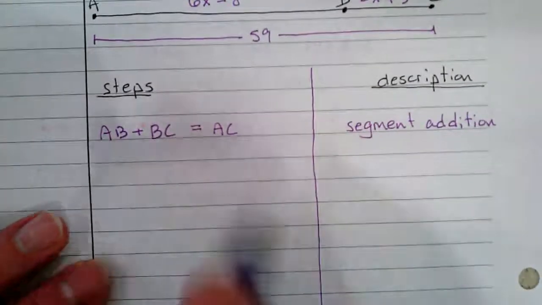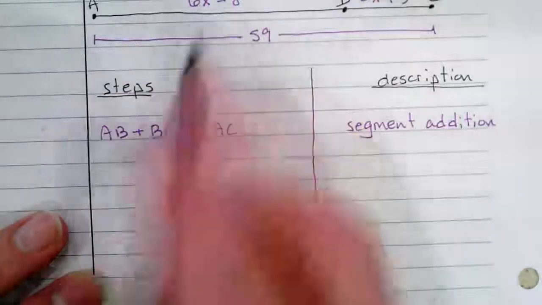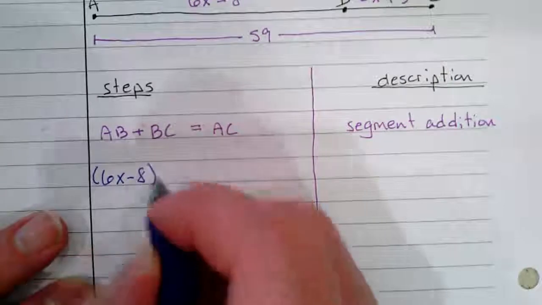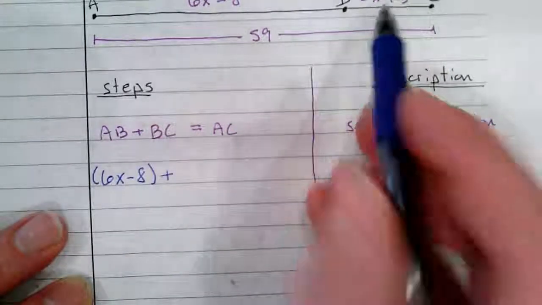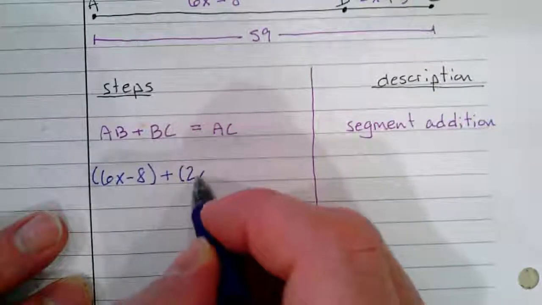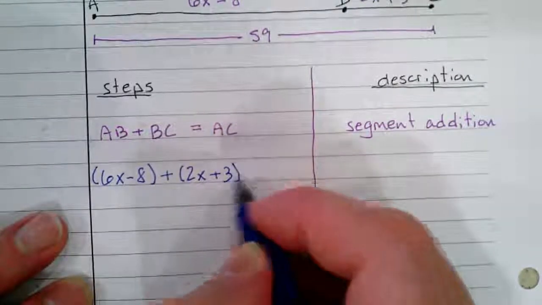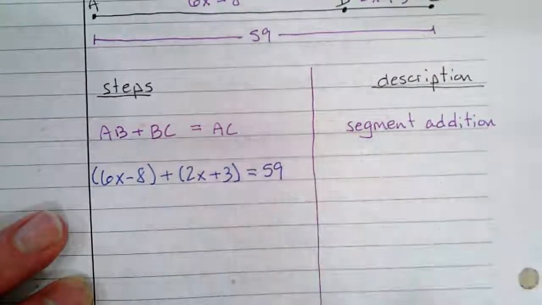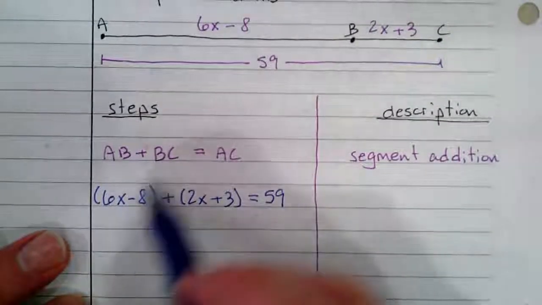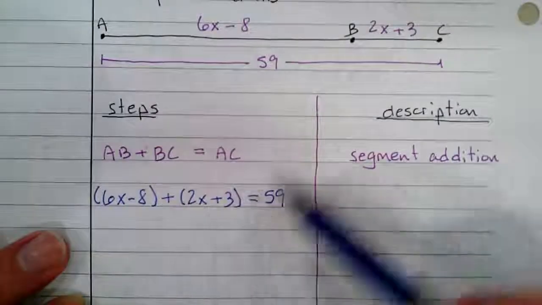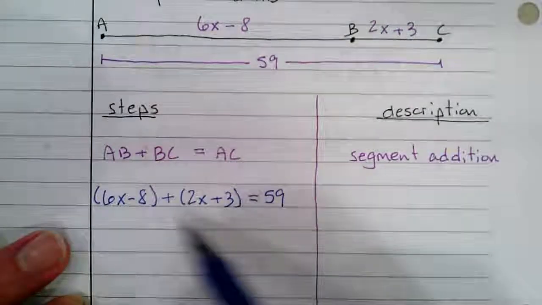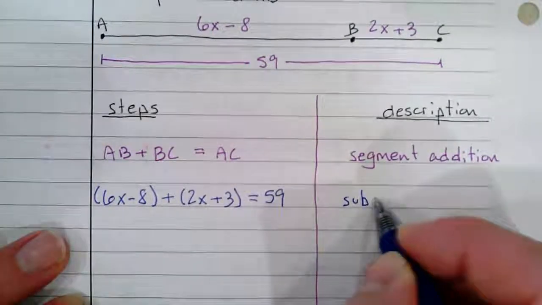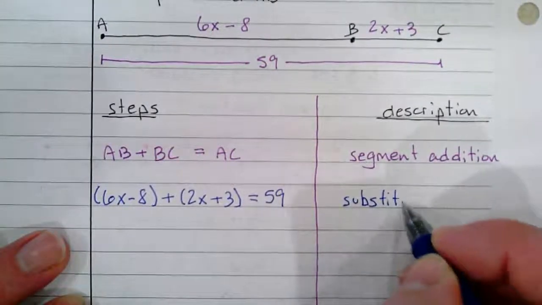Next, we're going to do some substitution. AB is 6x minus 8 plus BC is 2x plus 3 and AC is 59. Again, 6x minus 8 is AB, 2x plus 3 is BC, and AC is 59. So that was substitution.